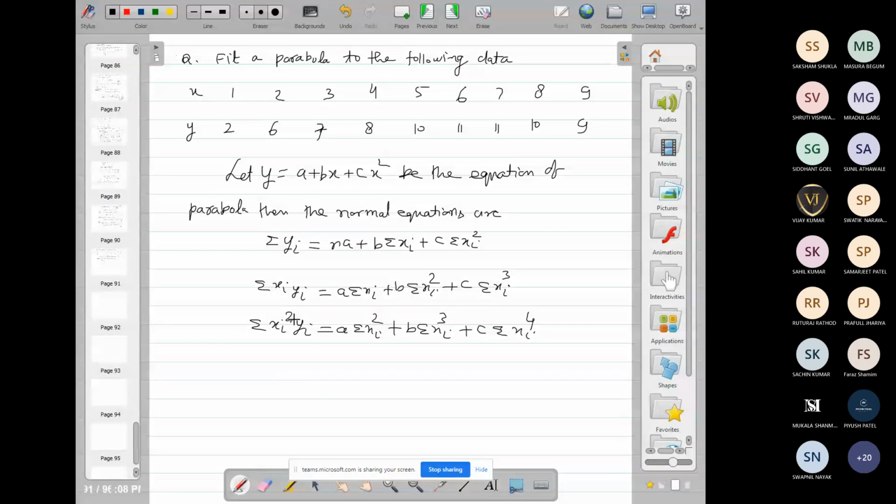So these are the normal equations to fit the best fit parabola y equal to a plus bx plus cx square.